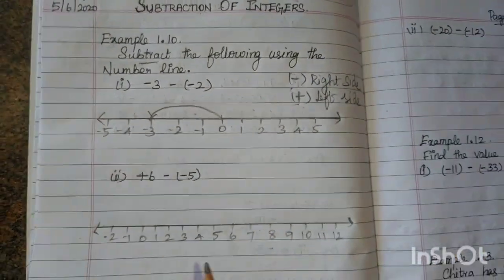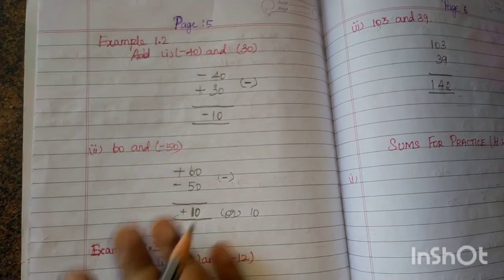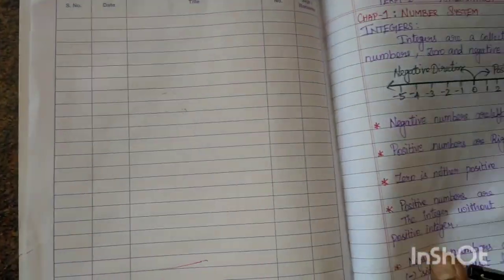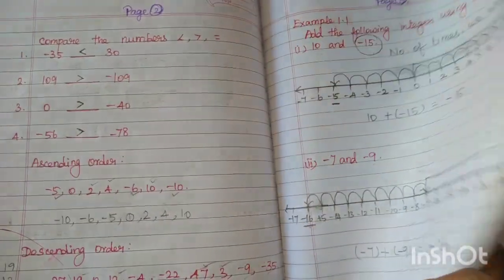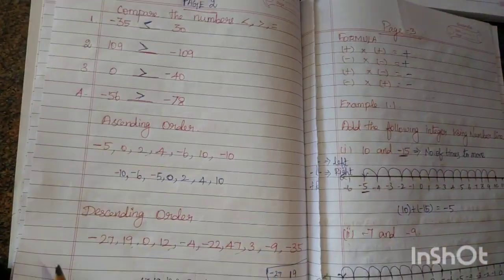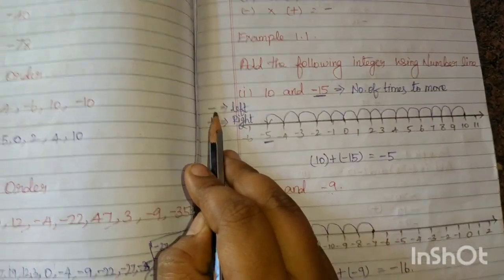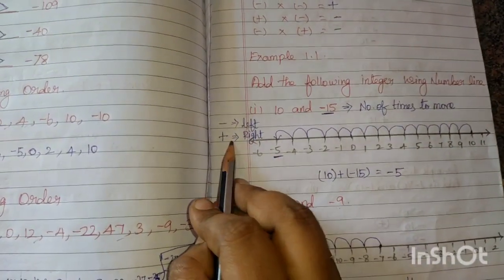Listen children, I am going to show you how we did it in the addition. So in addition, the number of times we move: just see here, minus means left side, plus means right side.